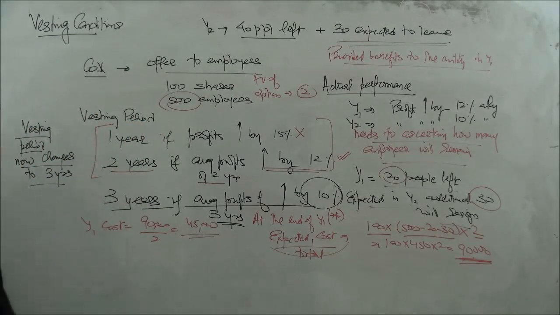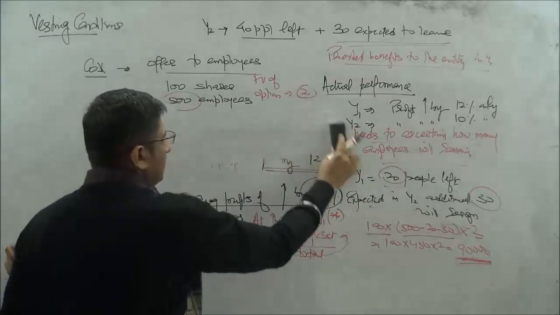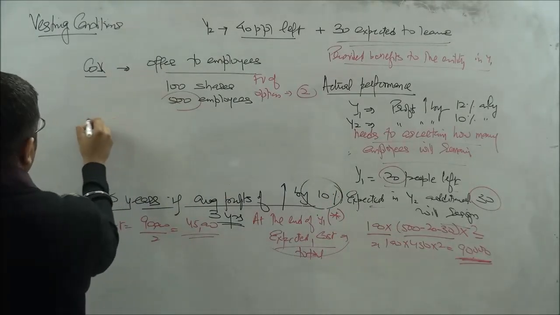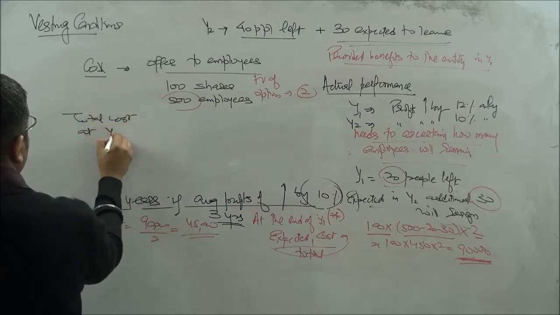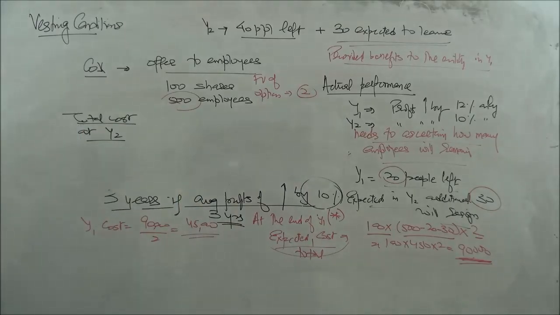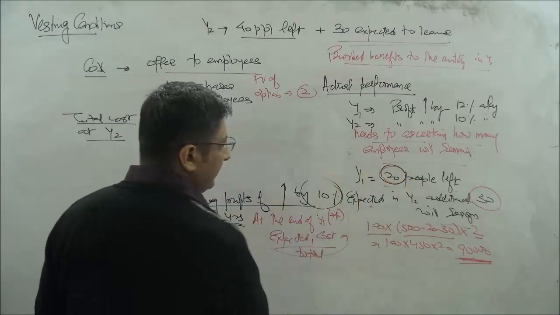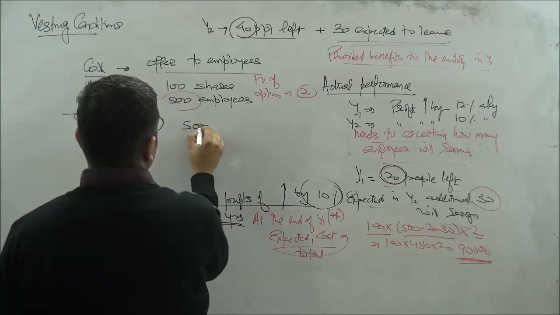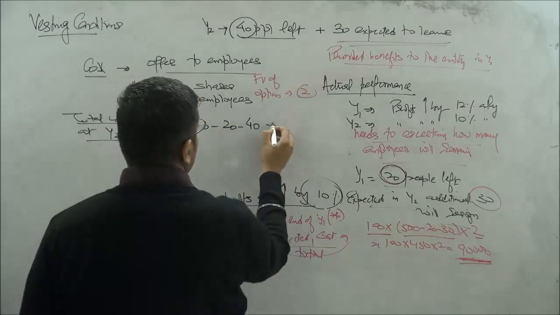Now of course it becomes easier, so we'll use this space and say that my total cost at year 2, the total cost meaning for the entire 3 years period, it should ideally be: 20 people left already, 40 further left, so 500 minus 20 minus 40 and minus 30.